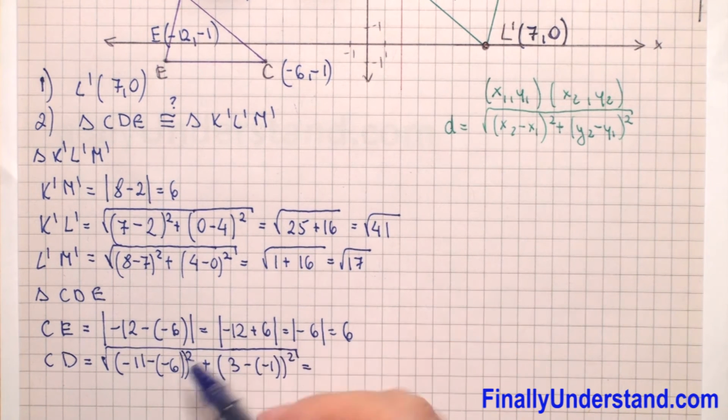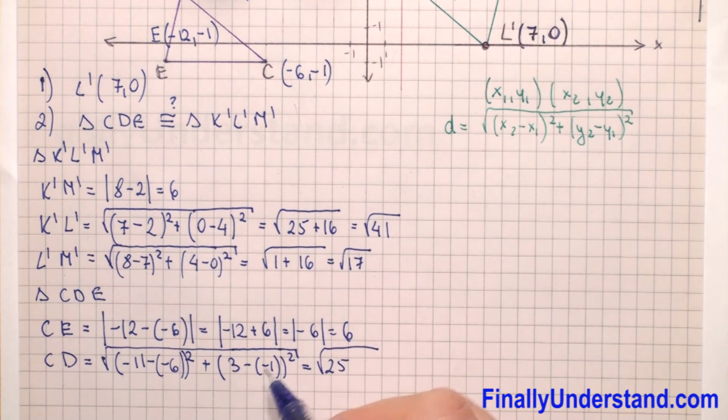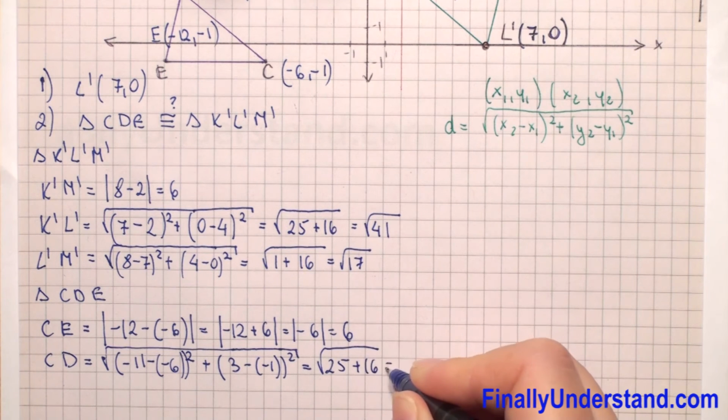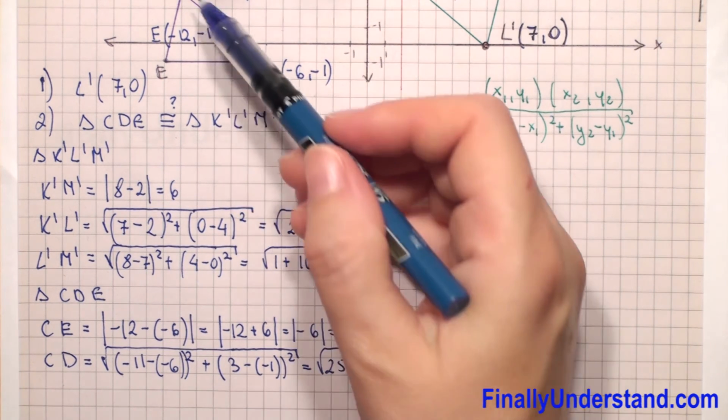So this is equal to negative 11 plus 6, so it will be negative 5 to the second power, so this is 25, and we have 3 plus 1 is 4 to the second power is 16, so this is equal to the square root of 41.